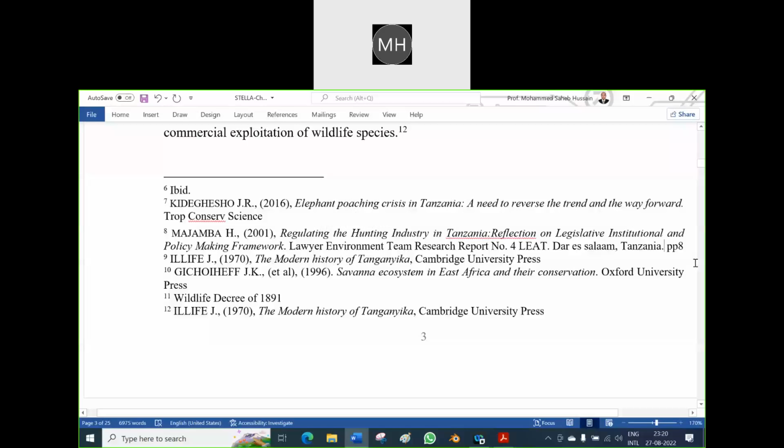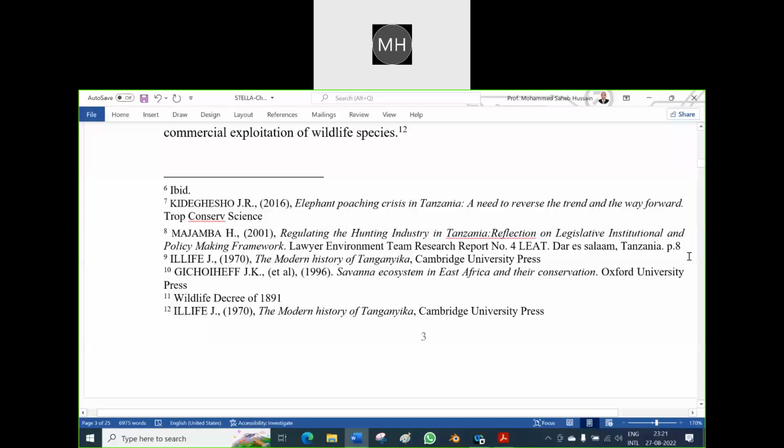Stella, say pass on. No, see, first only one pagination is there. You write only a single p, full stop, 8. And that p should be a small letter, not a capital letter, because it is a single pagination.